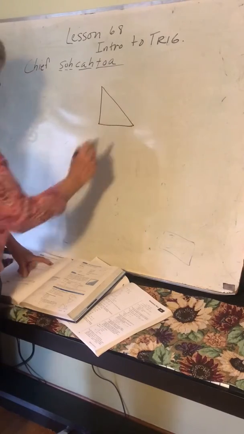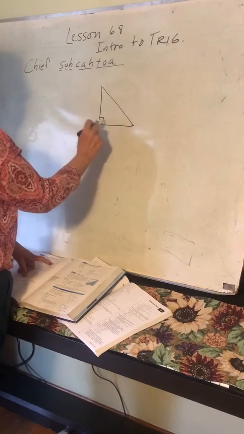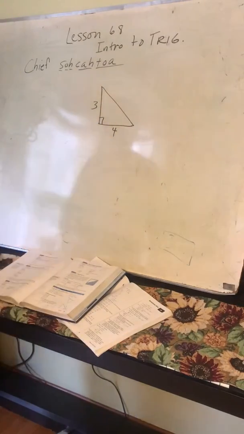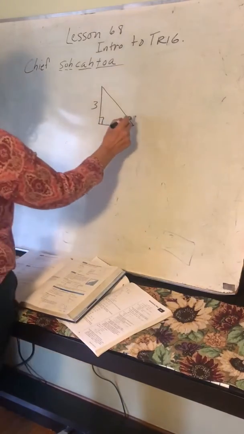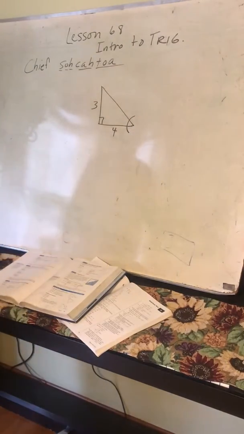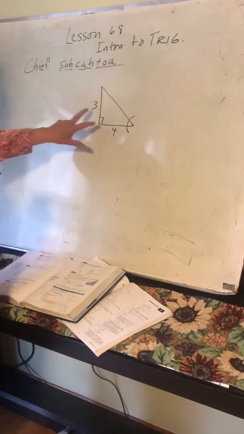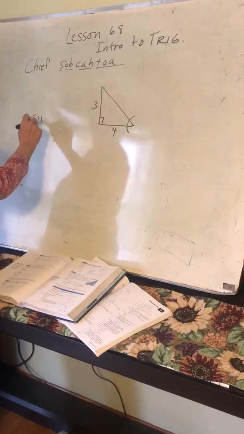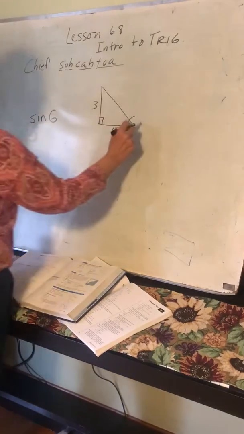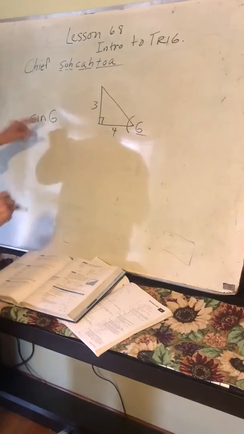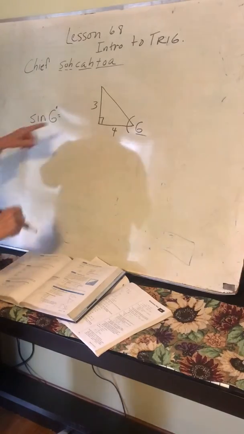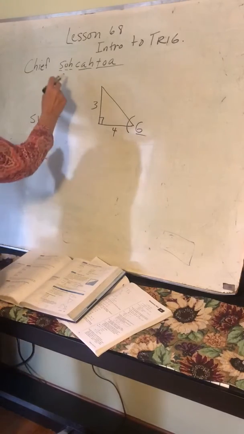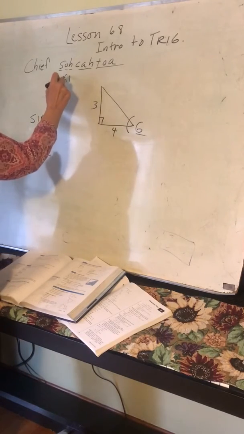If this triangle measures 4 and 3, to figure out the measurement of that angle right there with these two pieces of information, you could do sine of angle, let's call this angle G. Sine is opposite.